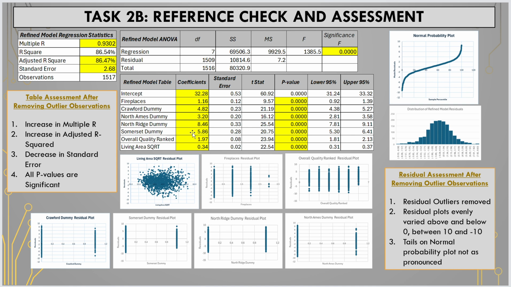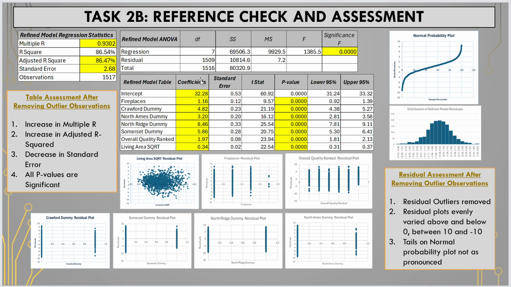And then Somerset was the next more expensive after that, and Northridge was the most expensive neighborhood. So that's why you see those are also positive coefficients, and by different degrees depending on which neighborhood it was in. So that's how we take this information and try to make sense of what's happening within our model.